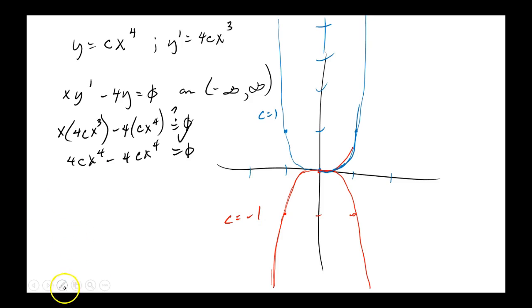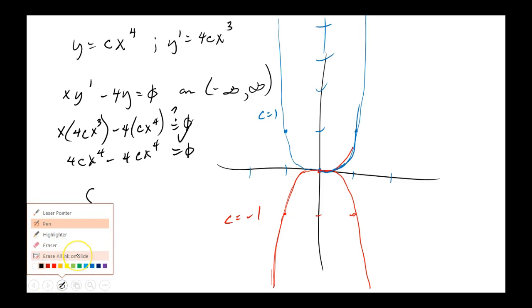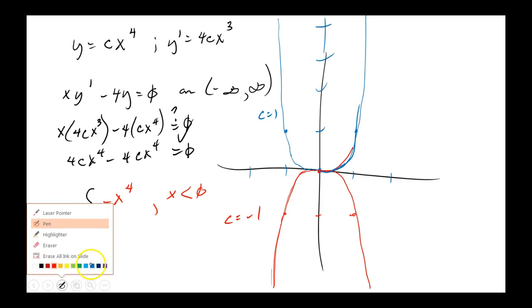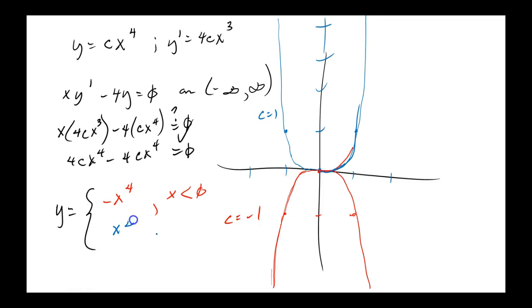Excuse me. I can't get the pen to come back up. There we go, it's there. Rather than y is equal to cx to the fourth, you could do y is equal to minus x to the fourth anytime x was less than 0, and positive x to the fourth anytime x was greater than 0.